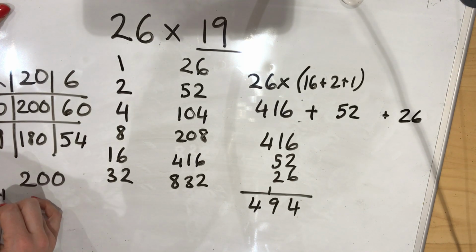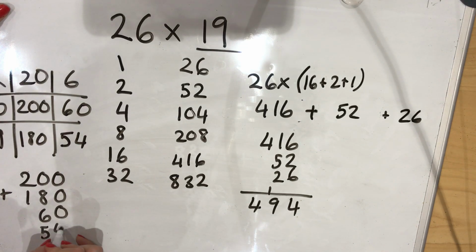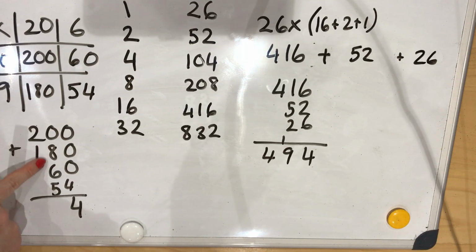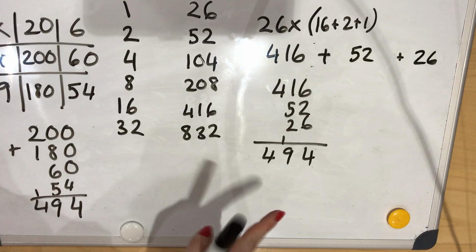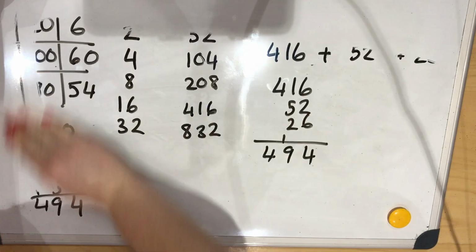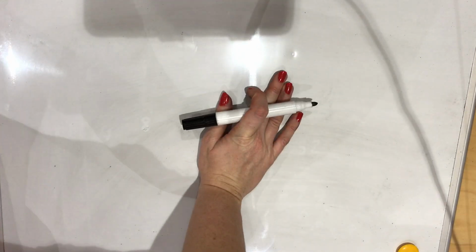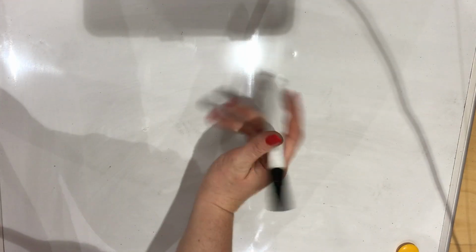So 200 plus 180 plus 60 plus 54 is going to give me 4, and then that's 19, carry the 1, and that's 4, 494. Excellent. If you didn't get that, don't worry. You can always go back. If you can see your mistake, then that's fine, but have another go until you get it correct.